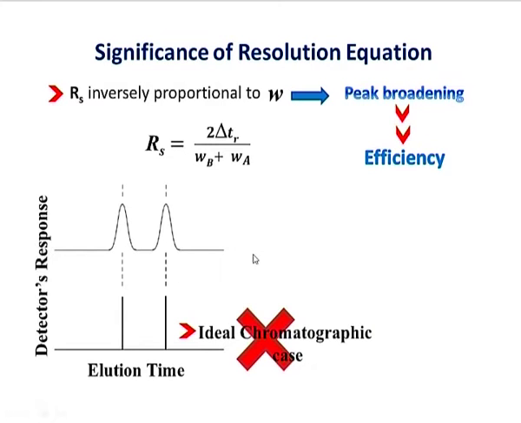Hence, what we generally get as a normal chromatogram are peaks which, instead of having these sharp lines, are Gaussian shaped curves. Why would that happen? That happens because of this effect of peak broadening.